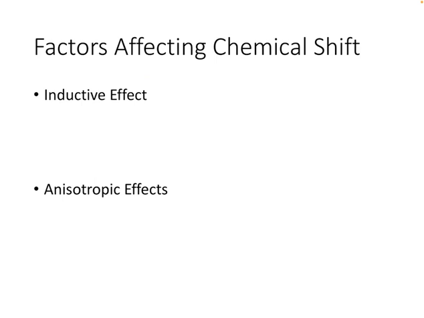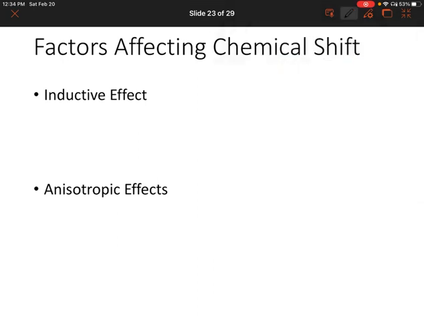And then two, something called anisotropic effects. I forget how it's pronounced. So let's talk about the inductive effect. This really has to do with, for instance, electronegativity or electron withdrawing groups.